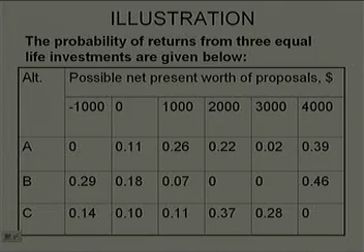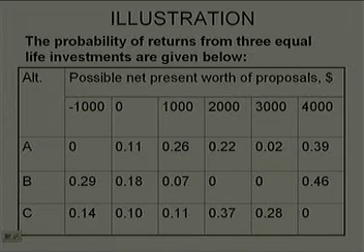Now, we will try to calculate the expected value as well as the variances associated with each of these proposals. In the first 2 lectures, we have discussed a number of problems in which we have been able to calculate the expected value as well as the variance.